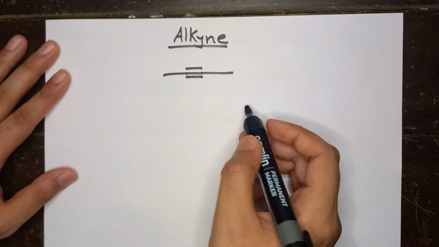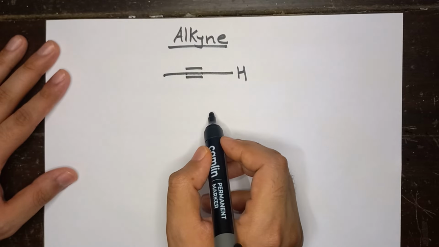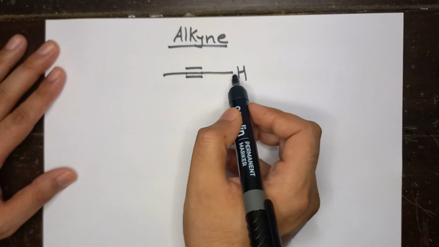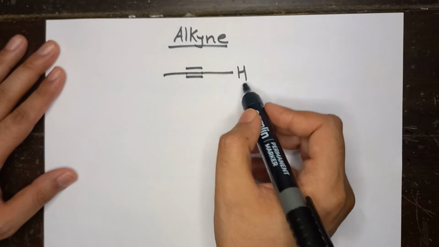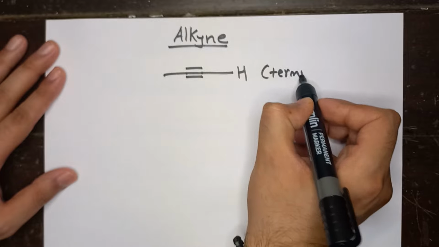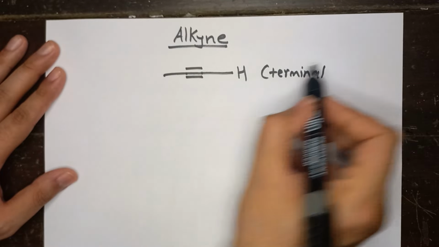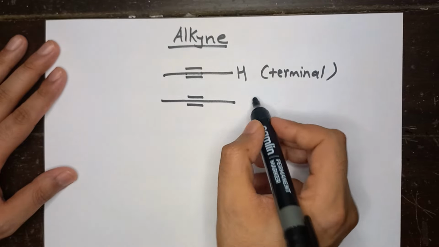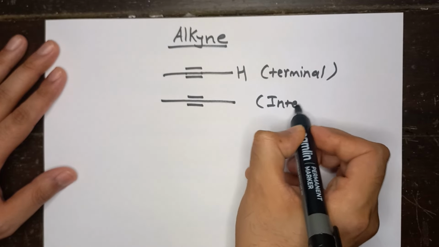For a terminal alkyne, you will have hydrogen at the end. So this C is bonded with hydrogen. So this is a terminal alkyne. The internal alkyne will have carbon or CH3 at the end.